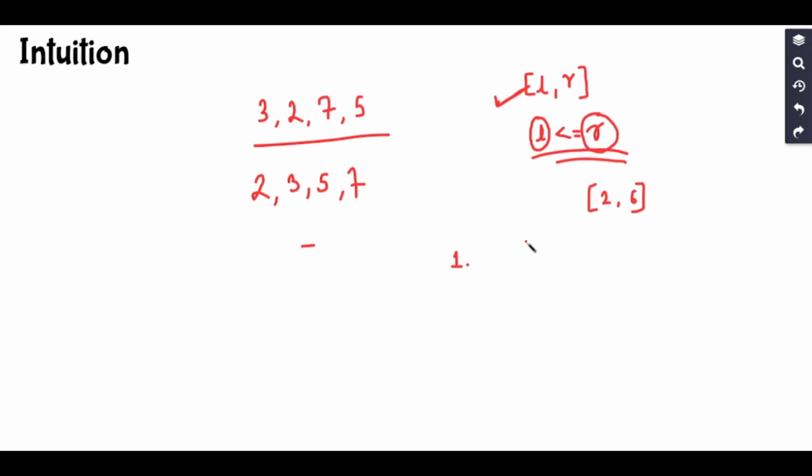I want to find all the elements which are less than or equal to this R. Let's say we have 6. Then if I count all the elements which are less than or equal to 6, we would have 3 elements.